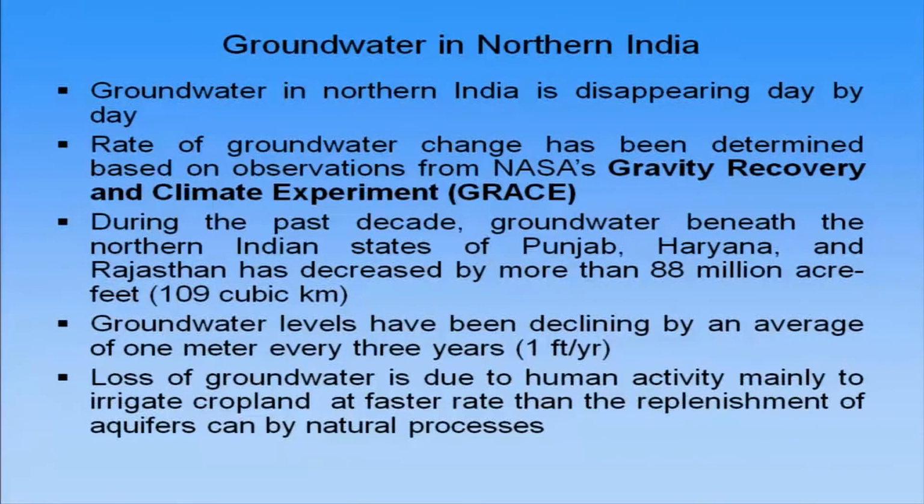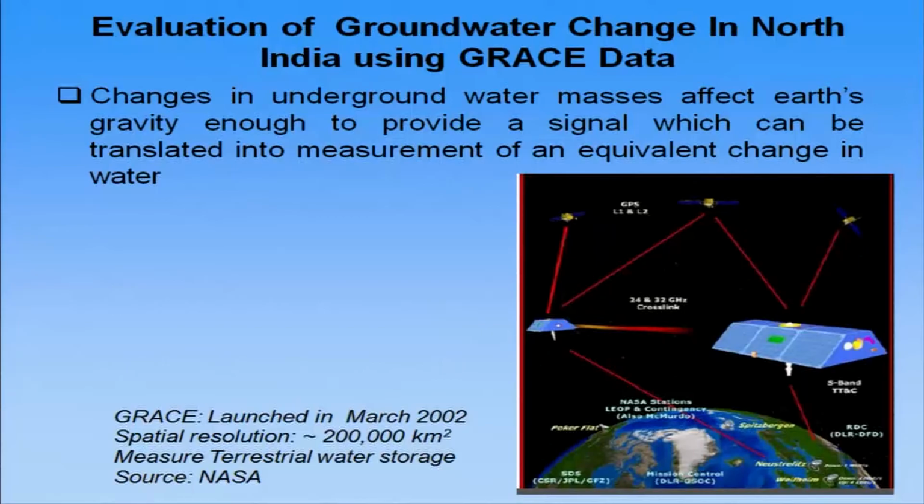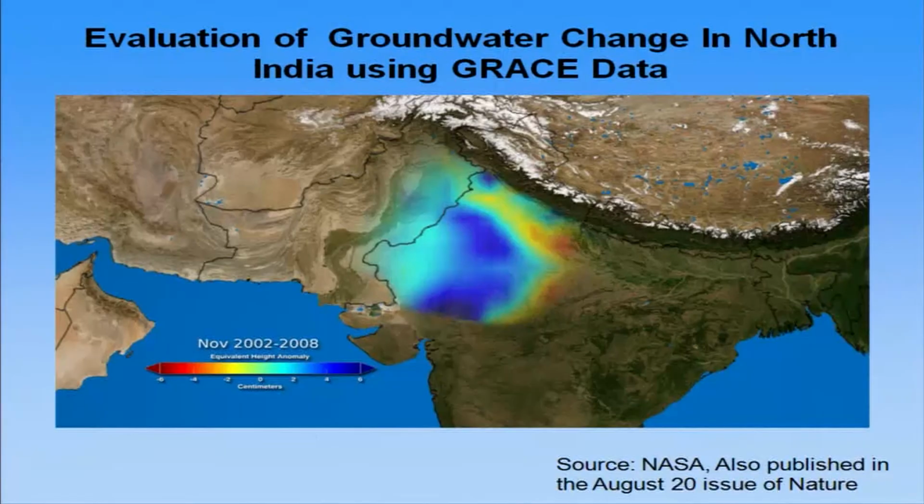So the recharge is, as I was saying, slow and the consumption is much higher. So if the recharge and the consumption don't go side by side, then we are going to see the depletion in groundwater.